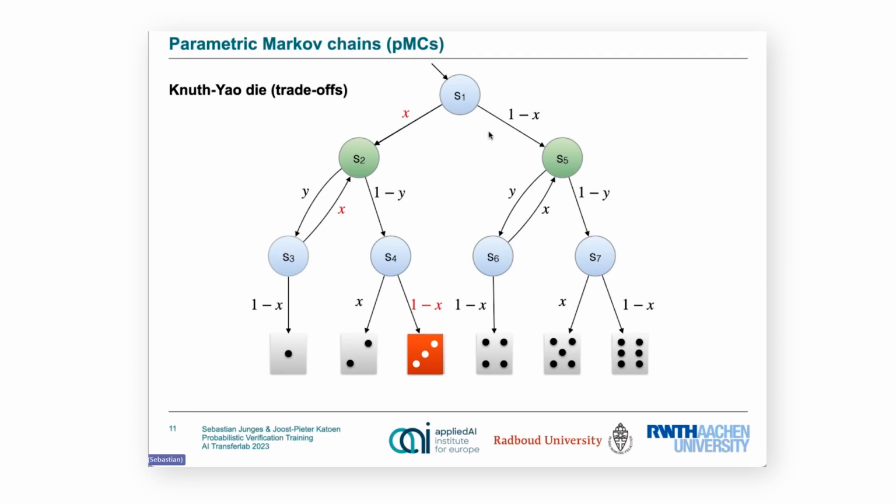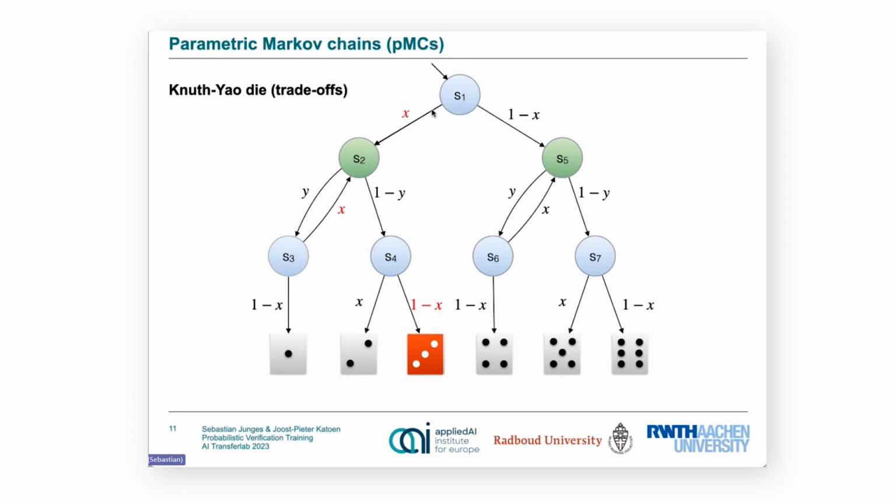If x is very small, then most of the probability mass will go from S1 to S5, and from there, no probability mass can reach the red state. So x should be large. On the other hand, if x is large, then all the probability mass that actually reaches S4 will flow to this state with the outcome 2. And so the probability will be very low to reach the red state.